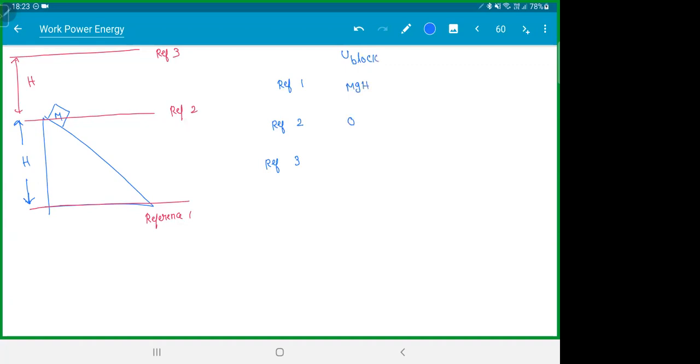Reference 2 will say 0. Reference 3 will say minus mgh. You're getting it. Depending on the reference line, the potential energy can be anything. h is the height from the reference, everyone. Theta has nothing to do with it. But same thing, when the block has come to the ground, the potential energy becomes 0. This becomes mgh minus, this will become minus 2 mgh.